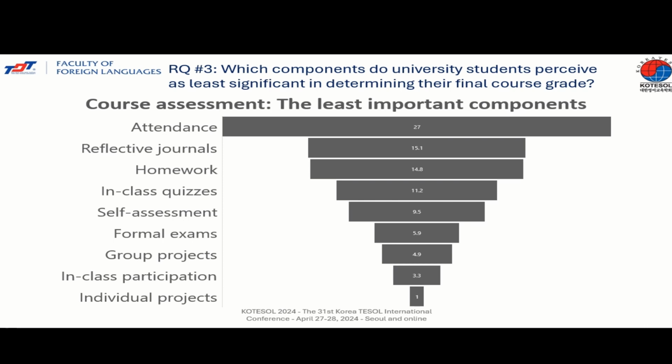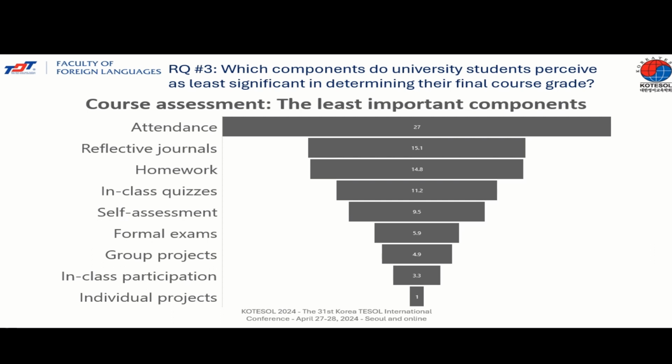In alignment with the responses to the first and second research questions, this one showed that attendance score, reflective practice, and homework are the top 3 components that the students perceive as least significant in determining their final course grade, while individual projects, group projects, and also in-class participation are considered more important.